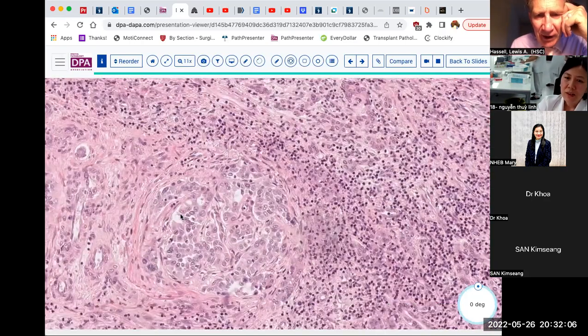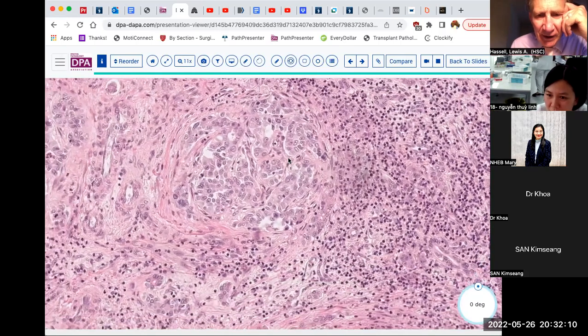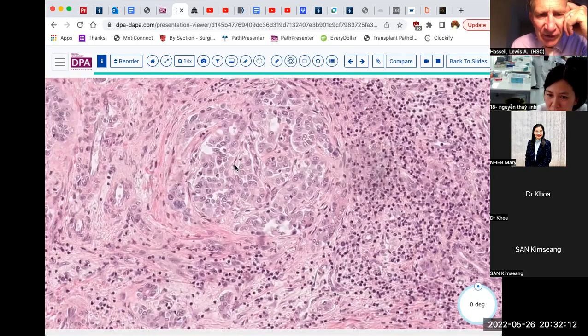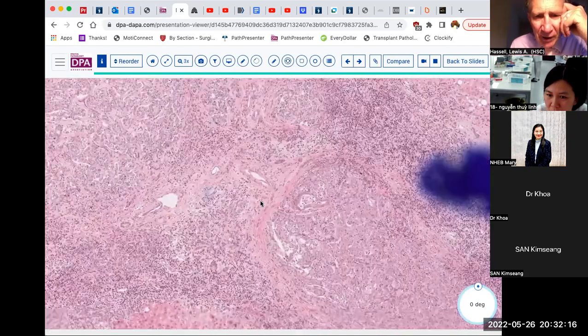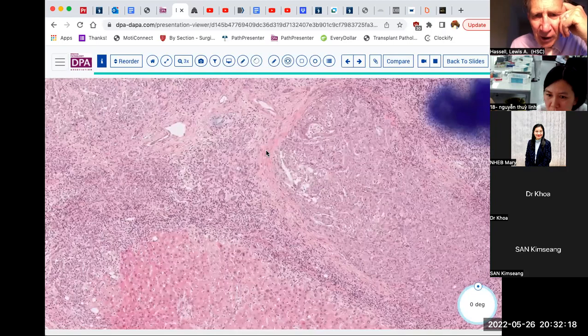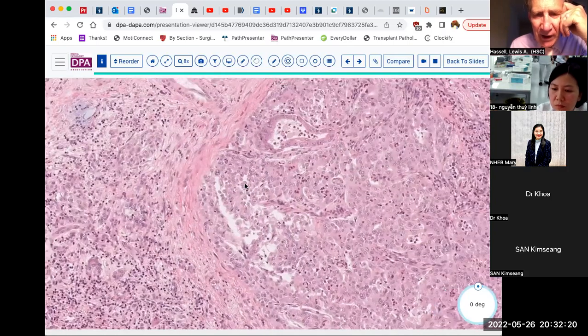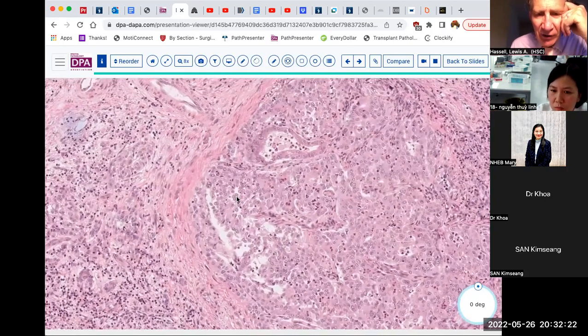Again, a lot of inflammatory cells here and tumor infiltrating lymphocytes, which brings up the point about possible immunotherapies for some of these tumors. We know that patients with Lynch syndrome do have an increased risk of pancreaticobiliary tumors as well.